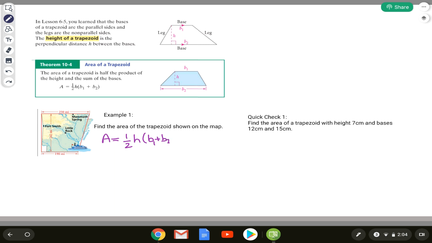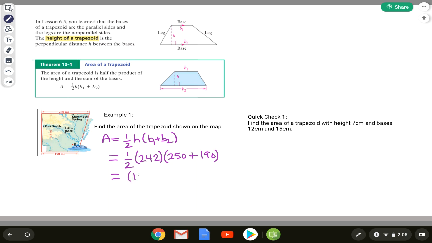And then I'm going to plug in the values. So I'll have 1/2 times the height, which is 242 miles, and then base 1 plus base 2 will be 250 plus 190. So I'm going to add in the parentheses first, and then I'll be multiplying everything across. I can go ahead and do half of 242 if I want.